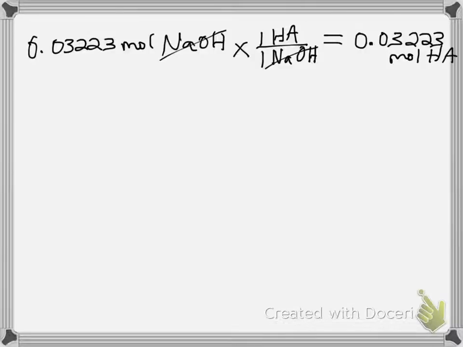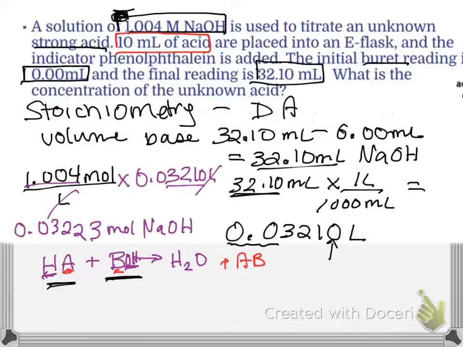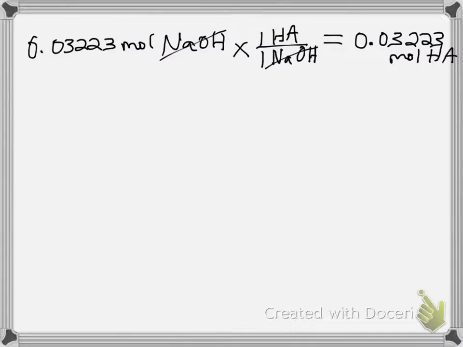We're not quite done yet because the question is asking us for the concentration of the unknown acid. The only number we haven't used yet is the one in red here, the 10 milliliters of acid. We know concentration usually means, oh, I can't spell concentration, sorry.